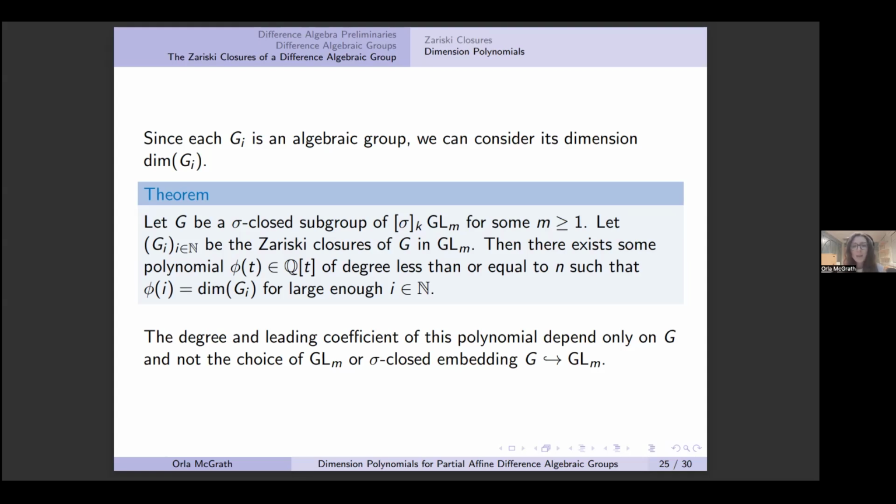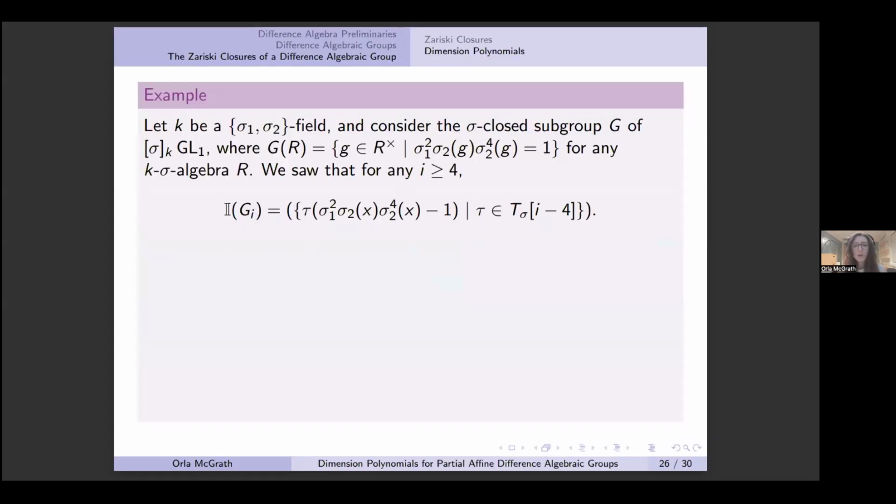Firstly, we'll just see an example of finding one of these dimension polynomials for this group that we keep going back to, this multiplicative group. We said that for any i greater than or equal to 4, the defining ideal had this form.